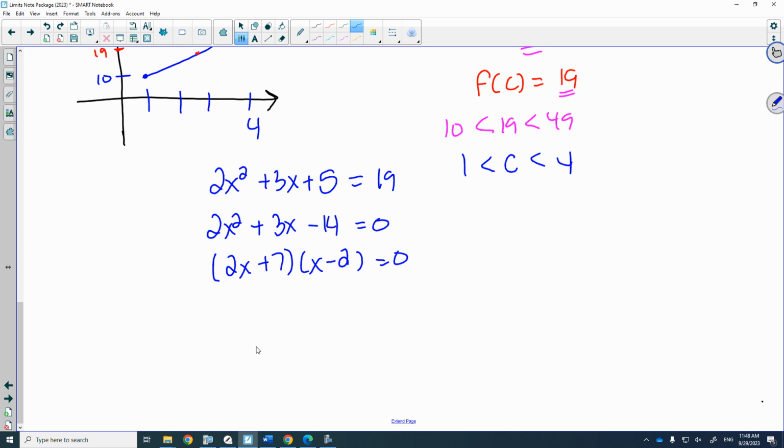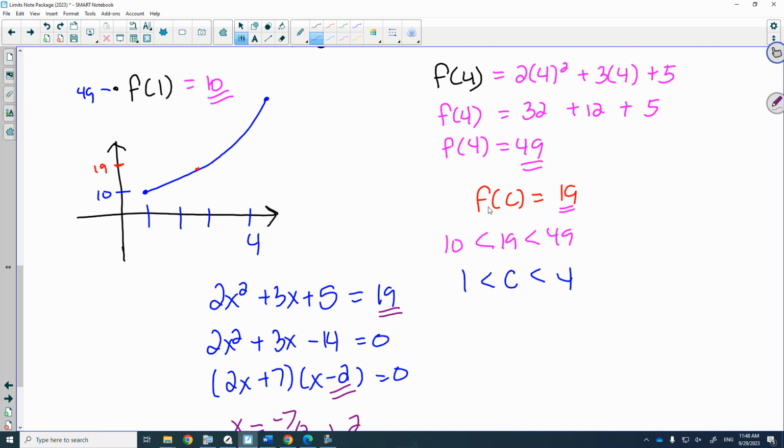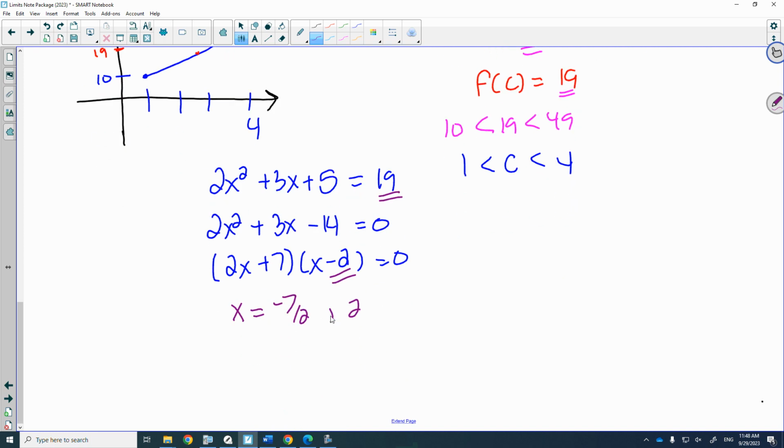On this parabola, there's two x coordinates where y will be 19, right? My y value is 19. The x coordinates are negative 7 over 2 and 2. What that means is I was looking for which value of c would give f of c equal to 19. Which answer would it be?